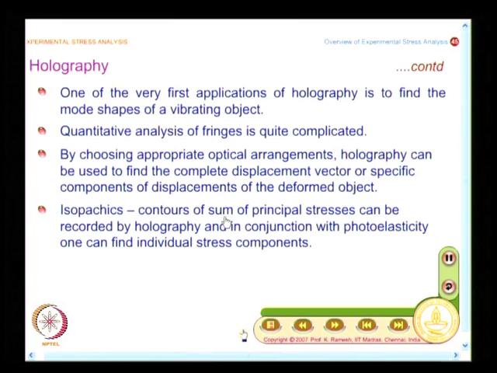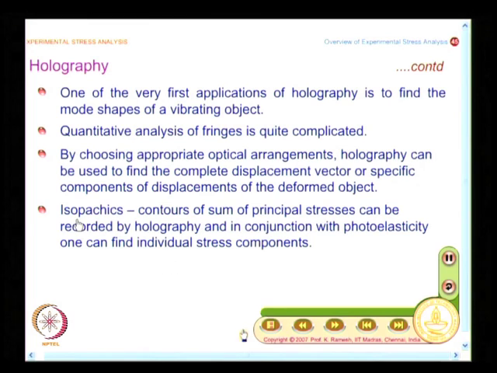I choose an appropriate optical arrangement to get only the lateral displacement, and you all know the lateral displacement. If I have this as a specimen and because of Poisson effect the specimen has lateral displacement in this direction, if I look at this, that could be related to, in a planar problem, sigma 1 plus sigma 2. That is how the whole thing comes.